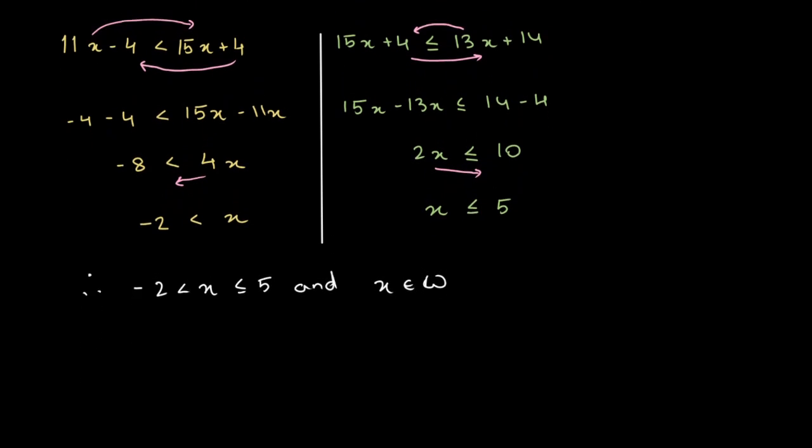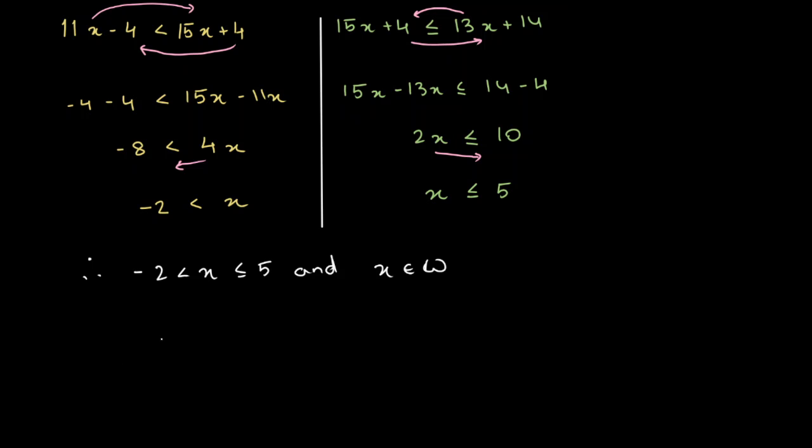Now remember, whole numbers start from 0, so greater than minus 2, the whole number will be 0, and less than or equal to 5. So 0, 1, 2, 3, 4, and 5. This here will be my solution to the inequation.